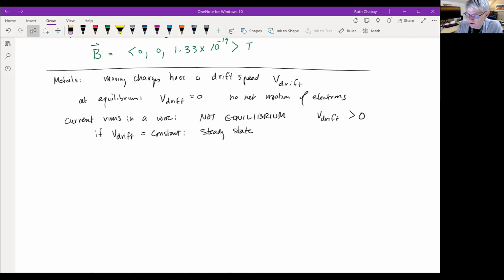So here's a definition of what we're going to call electron current.